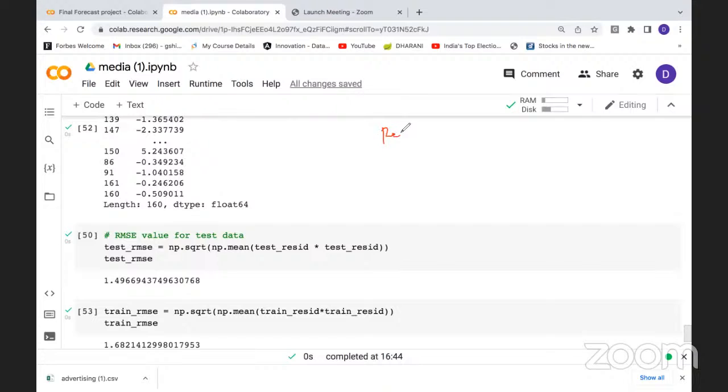For regression, okay, for regression we are taking root mean square error. So what is this root mean square error?